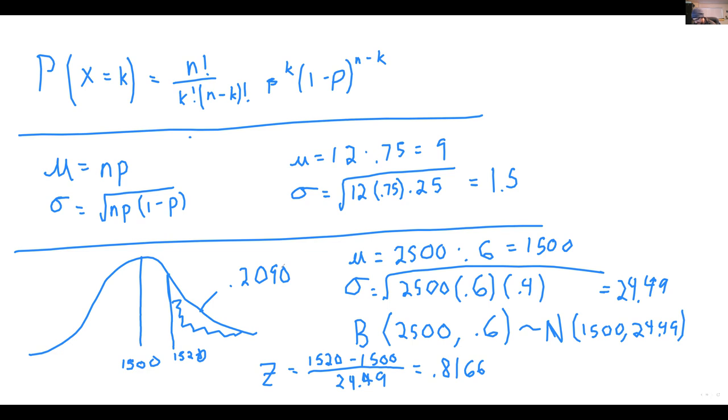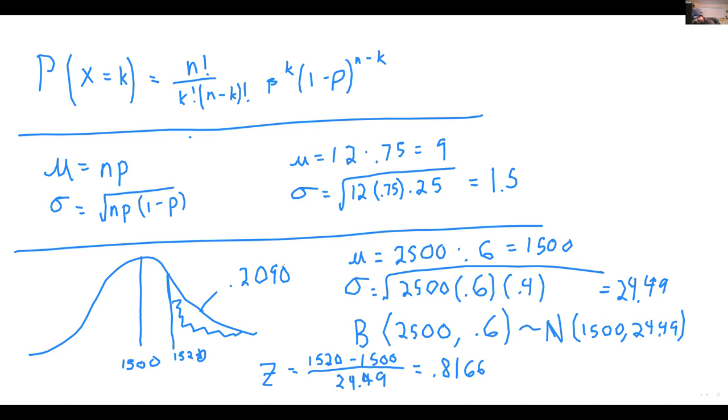If I use my calculator to do a binomial CDF, from n 2500, p 0.6, here I can do the lower bound as 1520 to the upper bound 2500, and I get 0.213. So 20.9 versus 21.3. That's a decent approximation.